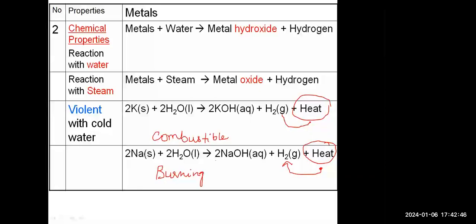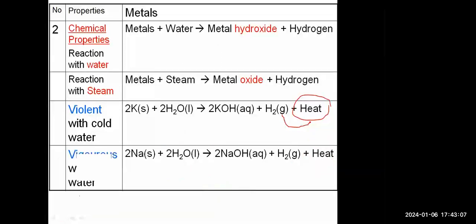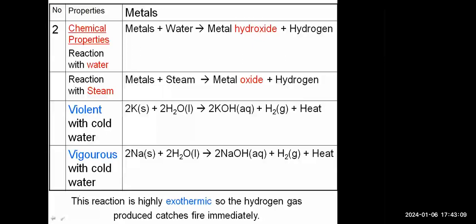So when you see this reaction happening, you will see that the piece of sodium or potassium which you have put in water has started burning. It is strange. A piece of metal in water starts burning. So you have to remember that these reactions are exothermic and they make the hydrogen catch fire.